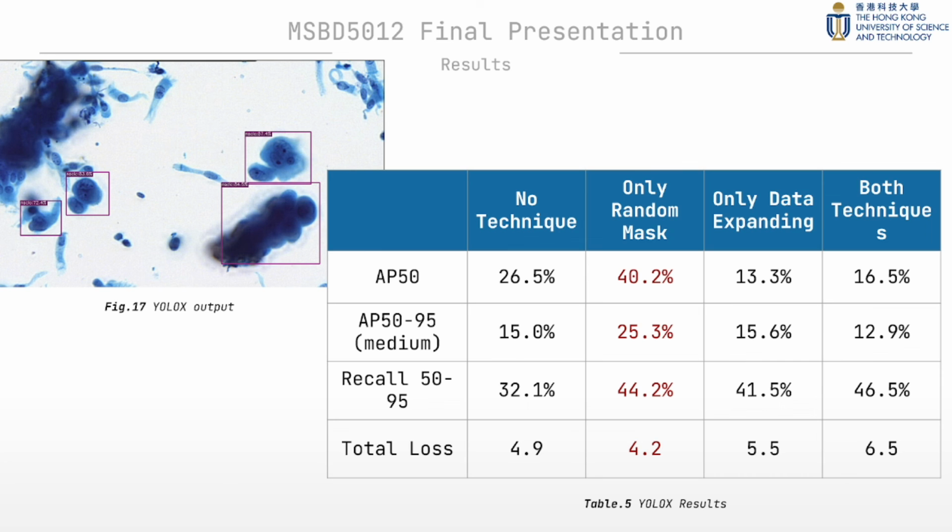The results displayed in Table 5 contain 4 controlled trials with different techniques used. Obviously, the one with random masks only is the best, whose AP50 can reach 40.2%, while the data expanding caused a decrease in all 4 evaluations.